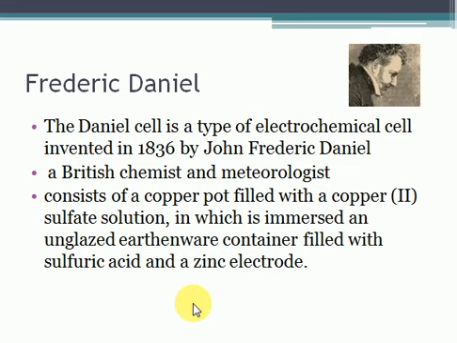Actually, the final decision of preparing the galvanic cell was made by Frederick Daniel. First Luigi Galvani, then Alessandro Volta, and then Frederick Daniel developed the galvanic cell in detail. Due to these three scientists, we term this cell as galvanic cell, Voltaic cell and Daniel cell respectively.